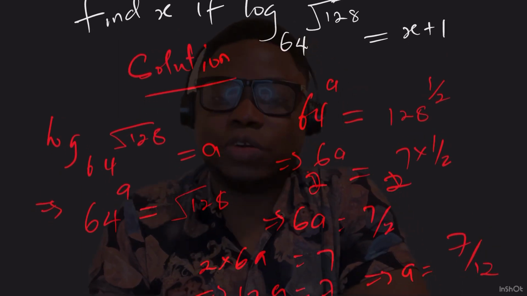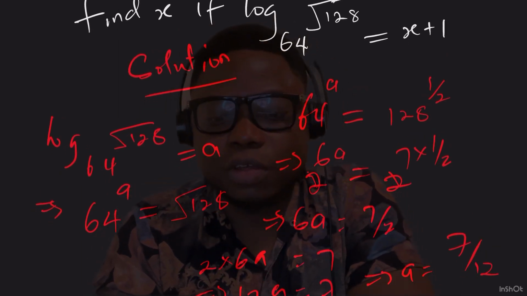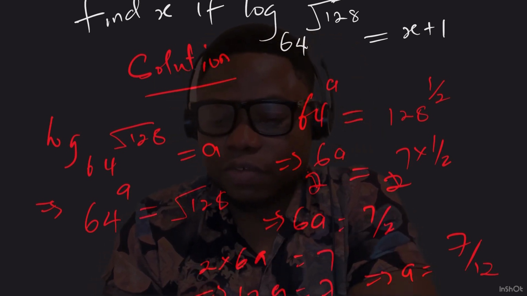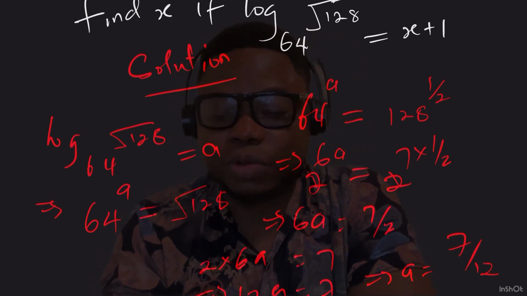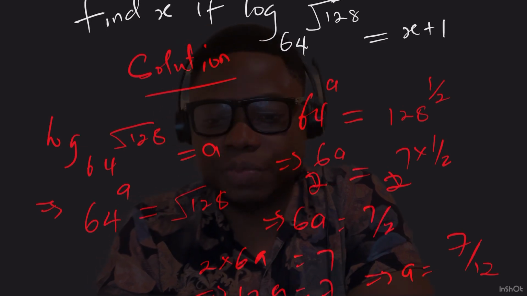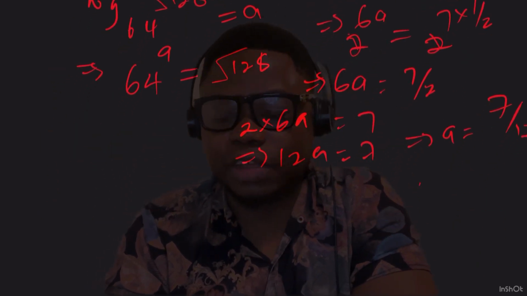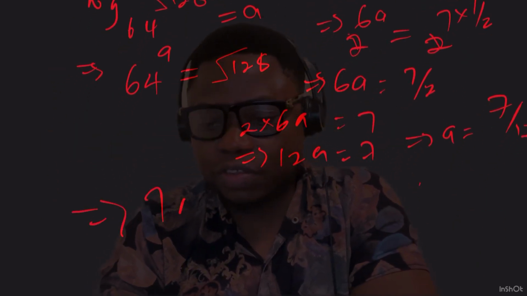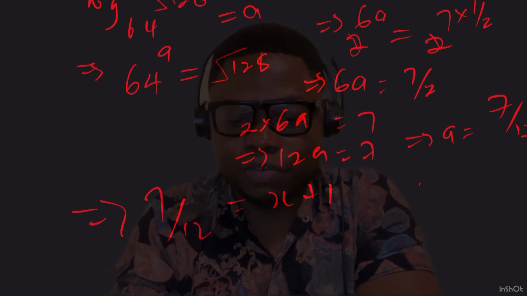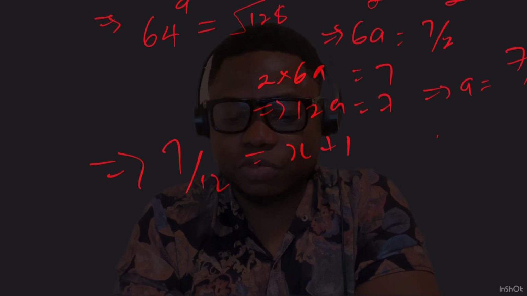This 7 over 12 is actually the value of log 64 raised to the power of square root of 128. So this 7 over 12, I'm going to equate it to x plus 1, because the equation says this log 64 raised to the power of square root of 128 is the same thing as x plus 1. So equating it, 7 over 12 will be equal to x plus 1.